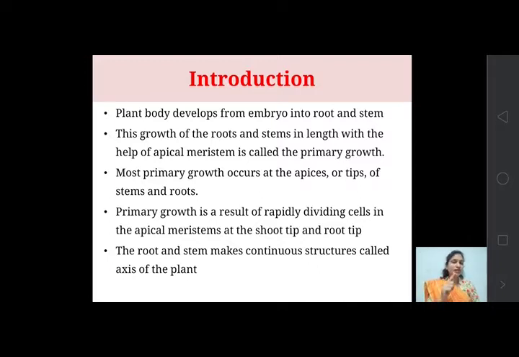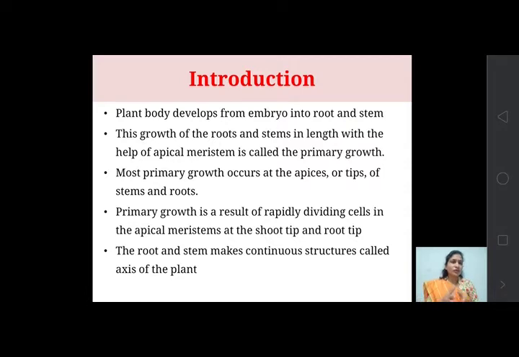So the firstly developed part is the radicle, that means root, and then slowly the plumule grows outside the seed, and that plumule makes a shoot. So all the tissues that make this growth, this structure, that is the firstly formed root and shoot, are primary tissues.